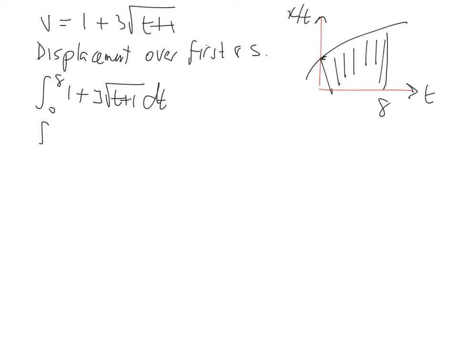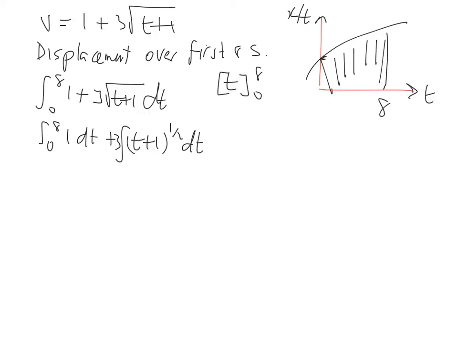So we'll have the integral between 8 and 0 of 1 dt, plus, taking our 3 out, t plus 1 to the power of a half, dt. So we can anti-differentiate the first part and we'll get t between 8 and 0, and that will give us 8. Okay, so that's what we've got there.